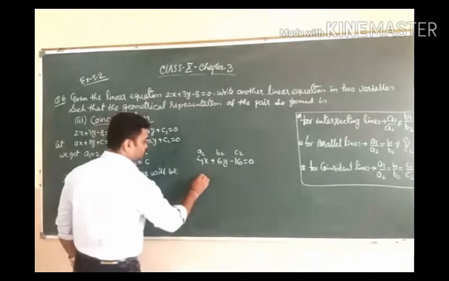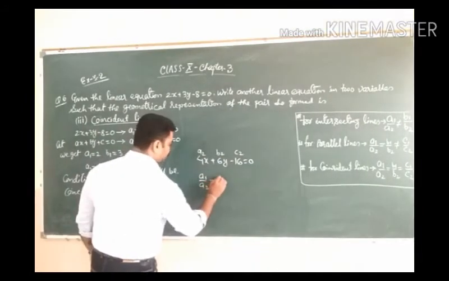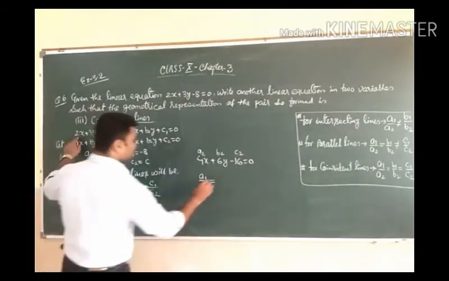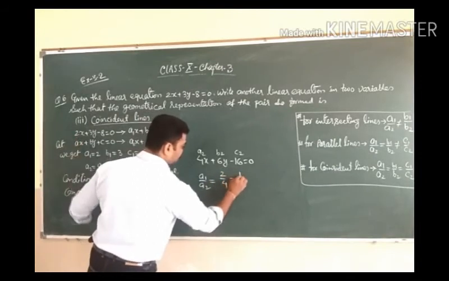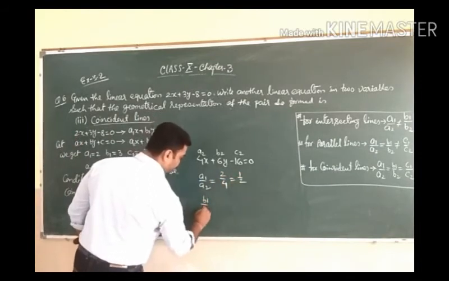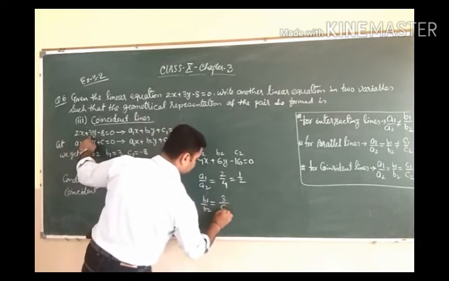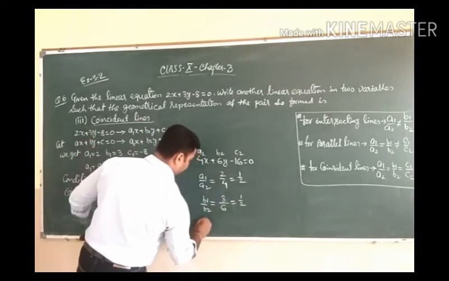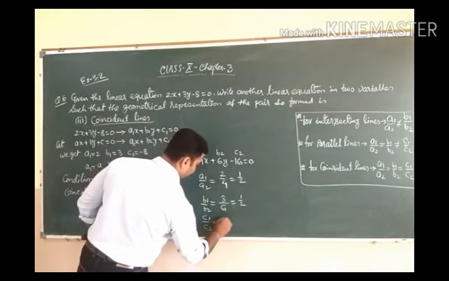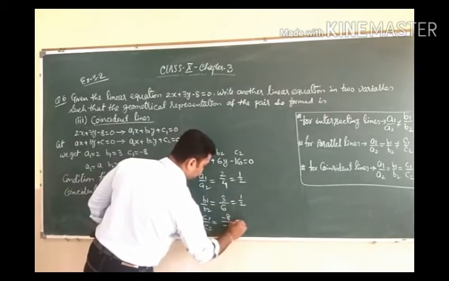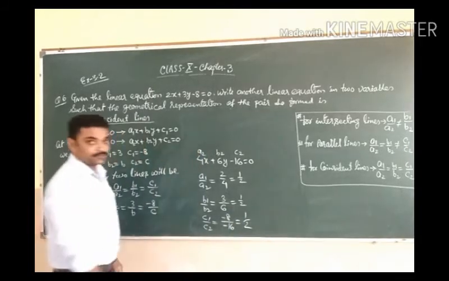So a1 upon a2 is equal to what? 2 upon 4, that is 1 upon 2. b1 upon b2 will be 3 upon 6, that is 1 upon 2. And c1 upon c2 is equal to minus 8 upon minus 16, again it is 1 upon 2.